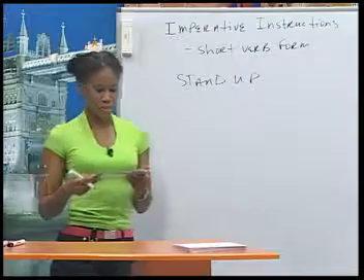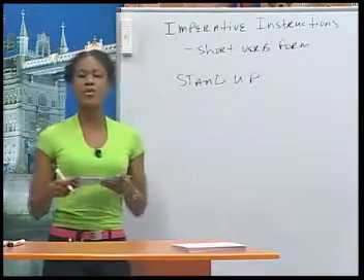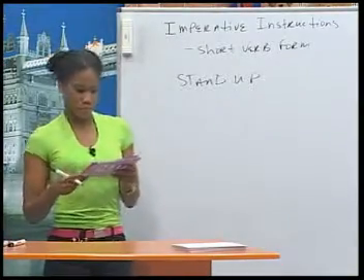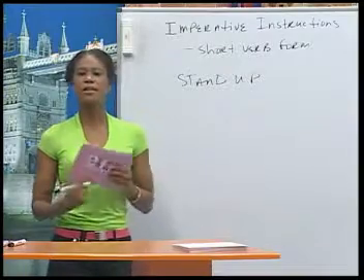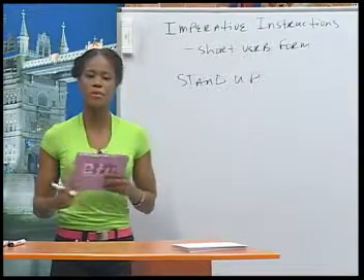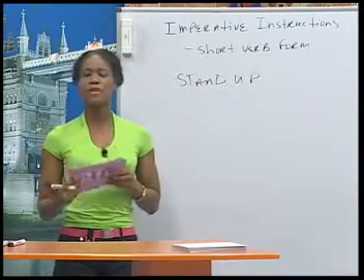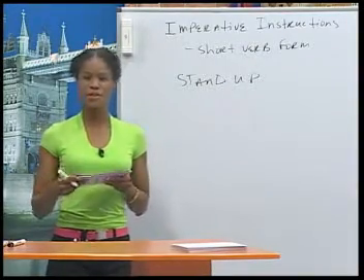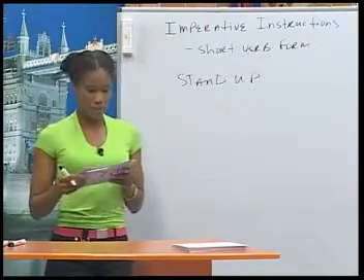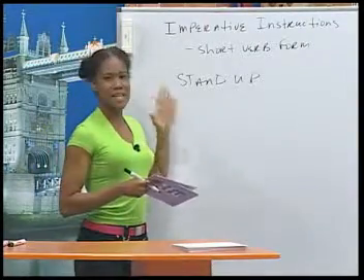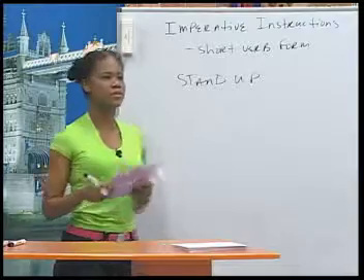Okay, good. So actually the subject is always you, because we say these sentences directly to a person or people, but we don't say you because you as the subject is understood in these imperative verbs. All right, for example, stand up. Alberto, can you give us another example? Yes. Close the door.